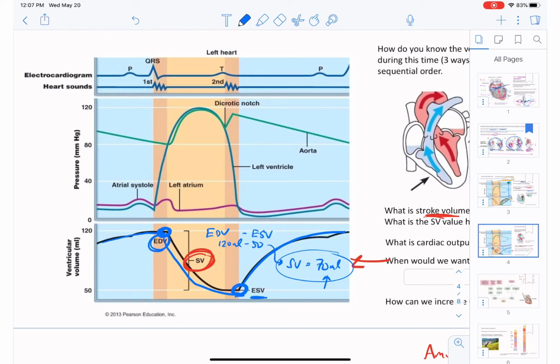And just a couple notes on why it's called EDV. This is relative to the ventricles, end diastolic volume. Diastole means relaxation. So this is the volume of blood in the ventricles after the ventricles have finished relaxing.